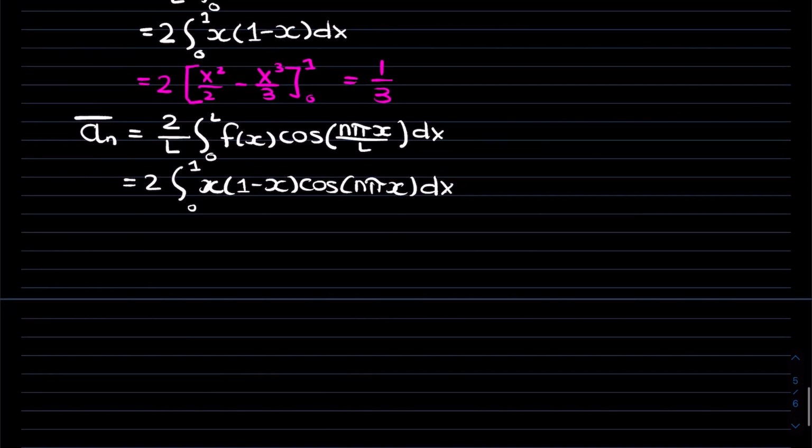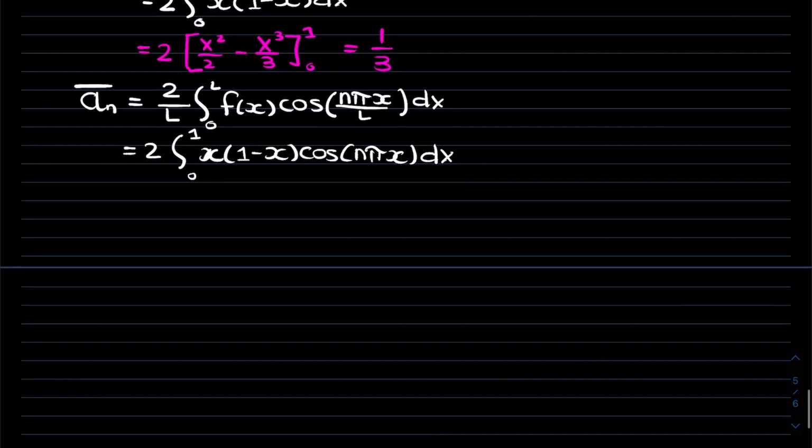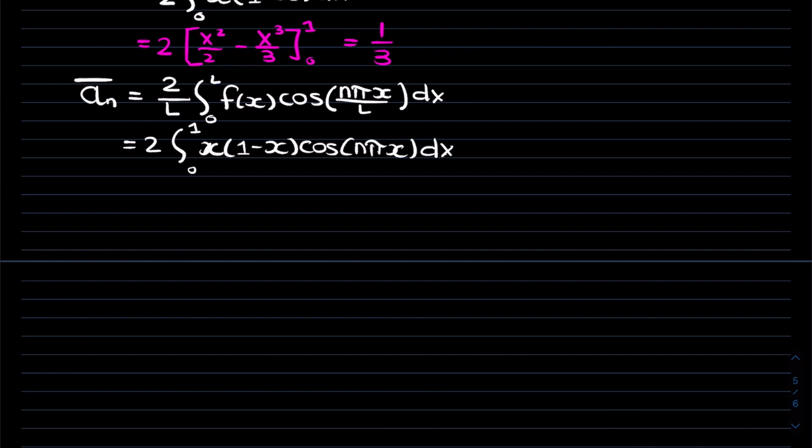And now to do this, we're going to need to use integration by parts, or in my case, I'm going to use the DI method, but that's basically integration by parts. That's where it's come from. So I'm just going to really quickly compute this.